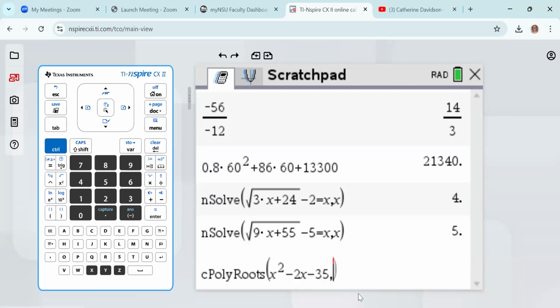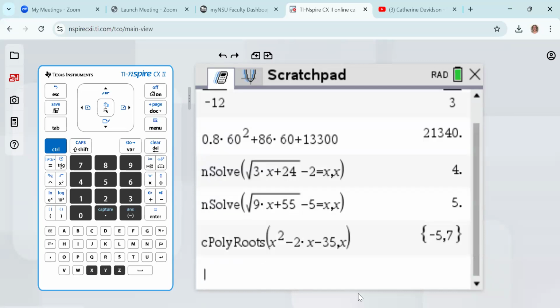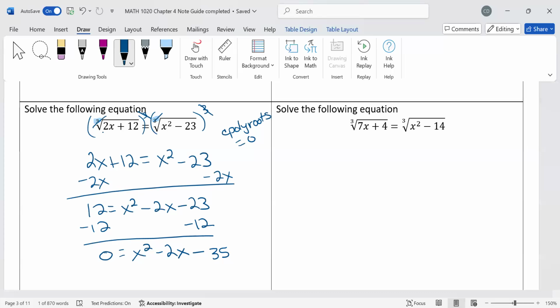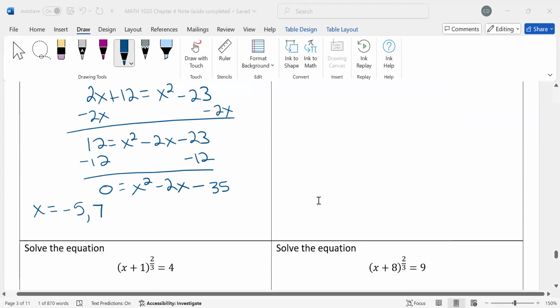We don't put an equal sign, but we still do the comma x at the end. So negative 5, positive 7. So those are our two solutions, negative 5 and positive 7.